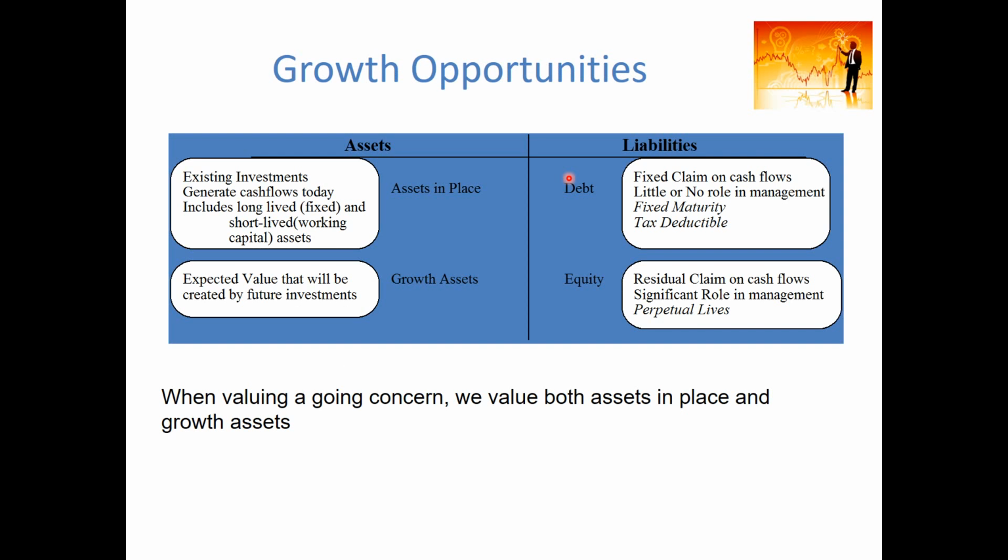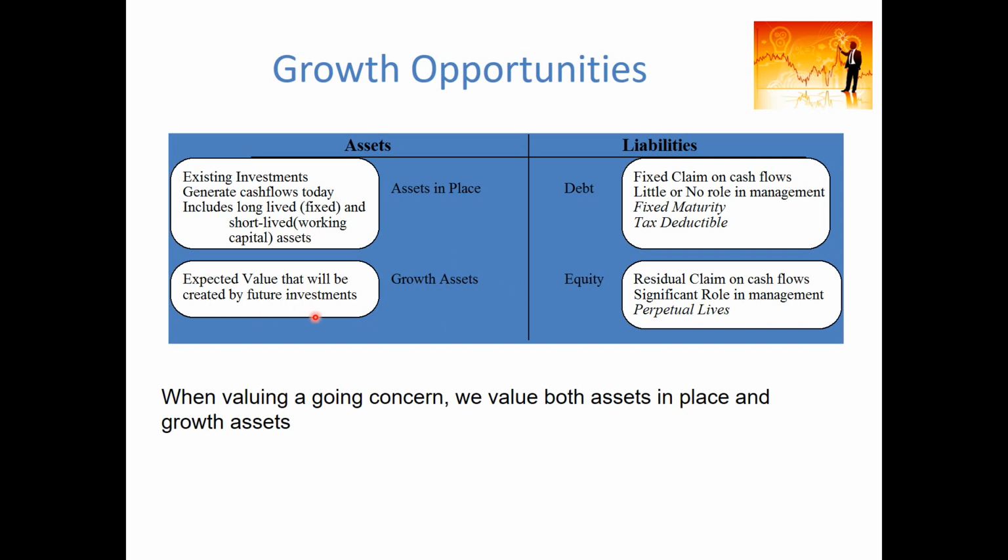Now, when we are valuing our firm using a dividend discount model, we are coming up with a measure of net asset value, the value of equity in the firm. What might be important to some investors is that if they have a total value of the firm, they might seek to decompose that into the value of assets currently in place, this, and the value being placed upon the growth assets in the firm, which is here.